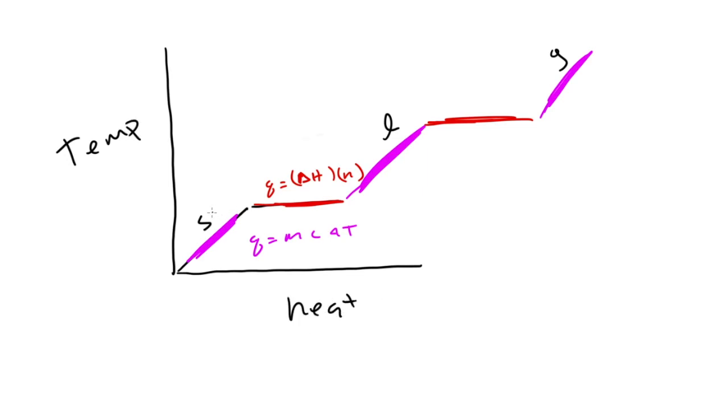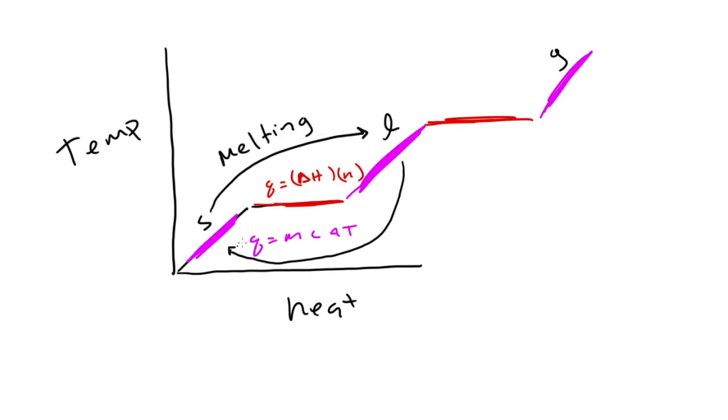A solid to a liquid like this is going to be melting. If I have ice as a solid, and I go to a liquid, it's going to be melting. If I go from a liquid to a solid, that's going to be freezing.